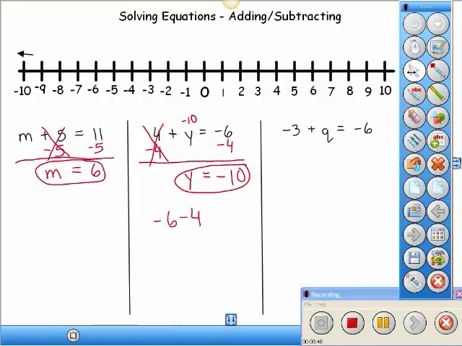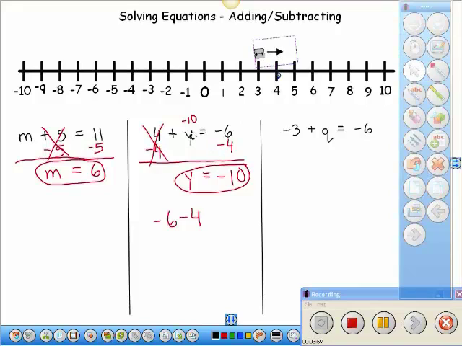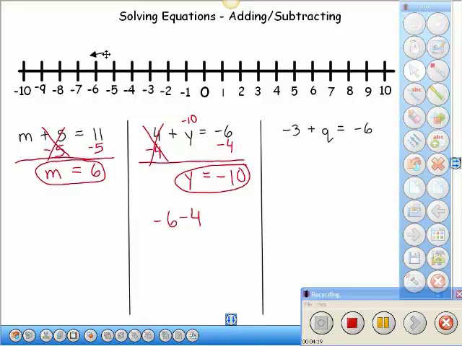If I went back over here, I've got to start on 4, and we're going to start to the right. 4 plus negative 10, which means flip, 10. 1, 2, 3, 4, 5, 6, 7, 8, 9, 10. I end up on negative 6, which is what my negative 6 was. So I just checked my work, and the answer is correct.